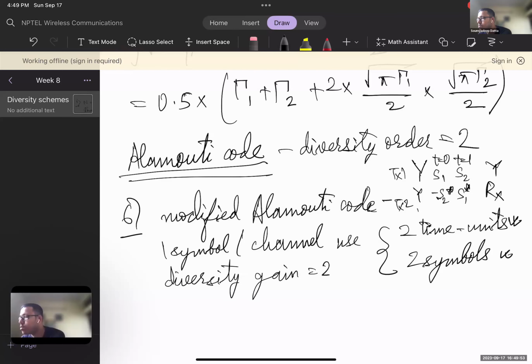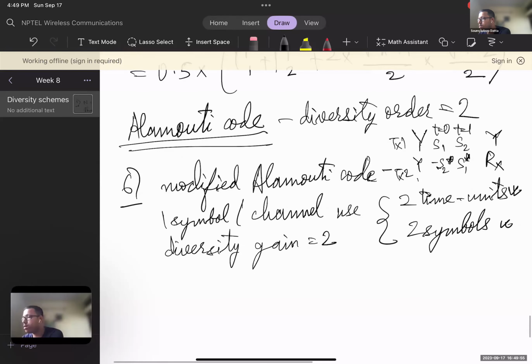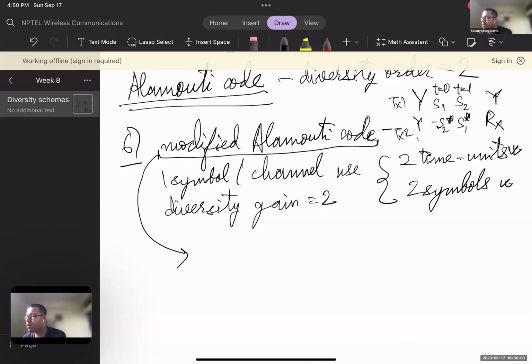Diversity gain of 2. So now you are asked that you have a modified Alamouti code. So how are you modifying? That you now have, let's say, n number of receivers, n RX antennas. So now you have two transmit antennas.